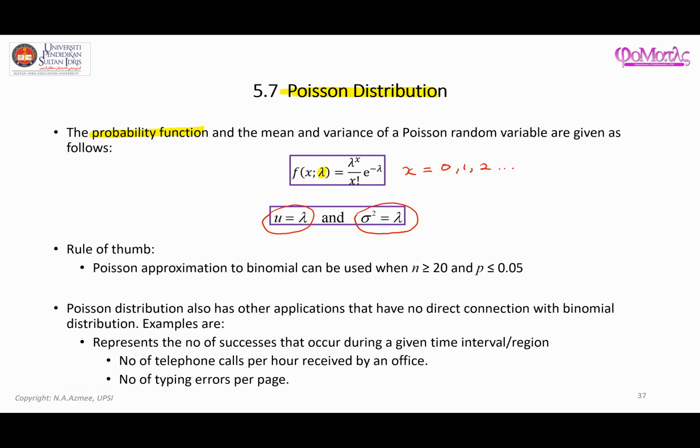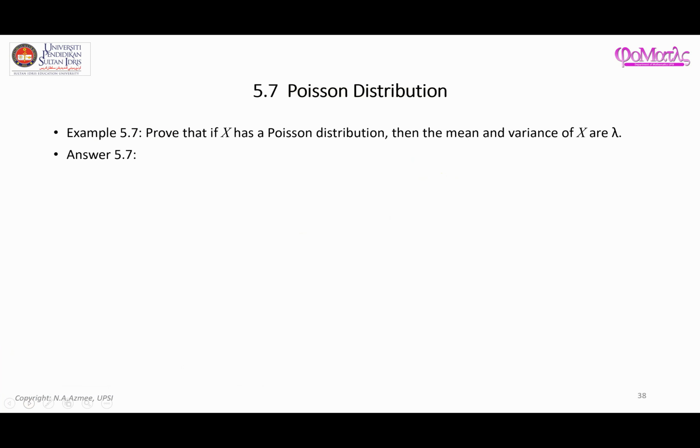In this video, what I'm going to do next is prove that if x has a Poisson distribution, then the mean is lambda and the variance is also lambda. That's what we're going to do in this video.